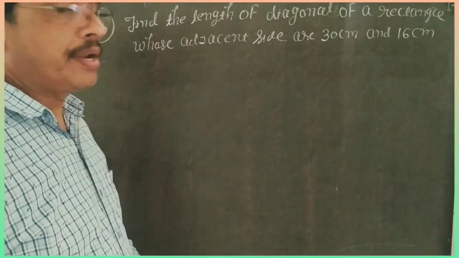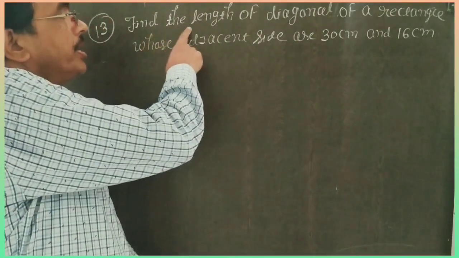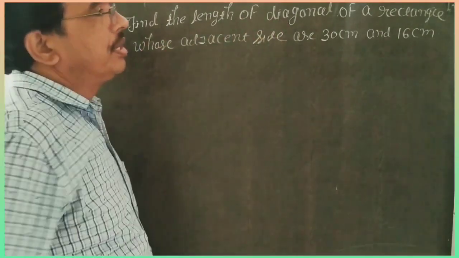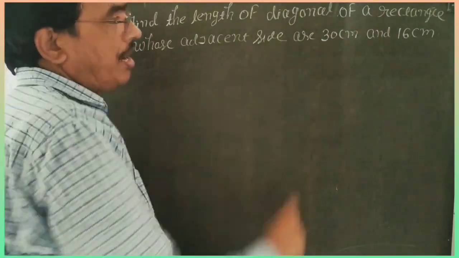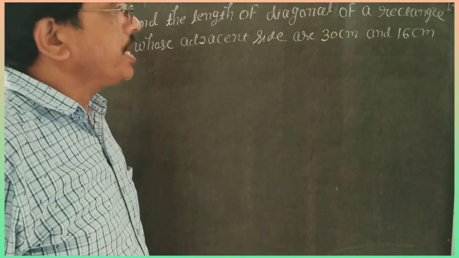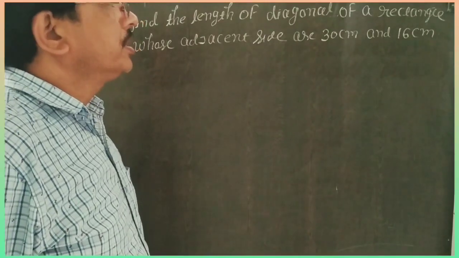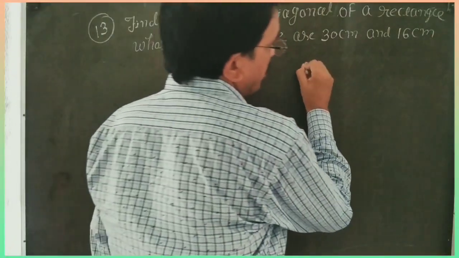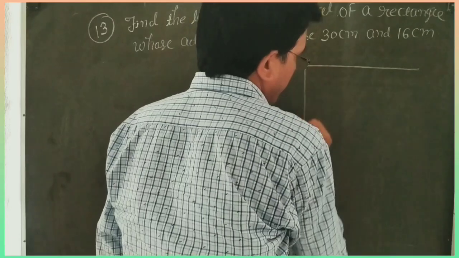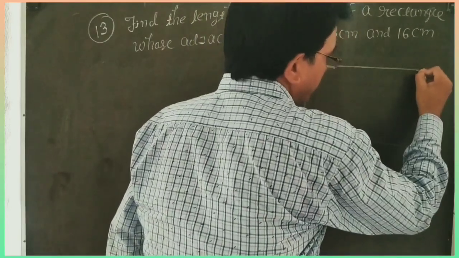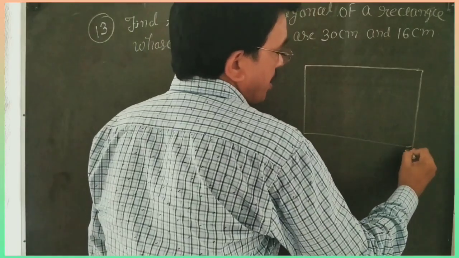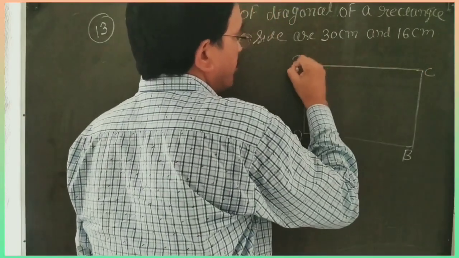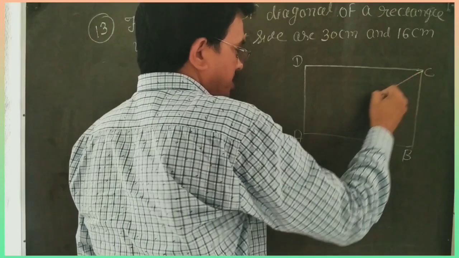Question number 13. Find the length of the diagonal of the rectangle whose adjacent sides are 30 cm and 16 cm. So first you draw a figure of a rectangle. Suppose it is a rectangle ABCD with these vertices, and AC is the diagonal.